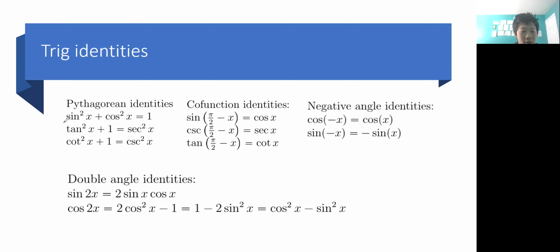Pythagorean identities: in the homework we proved that this is true. The other two are just different forms of this formula. To get to these other forms, I'll just demo with the first one. How do I get to this form? Start with our original Pythagorean identity. Divide everything by cosine squared x.